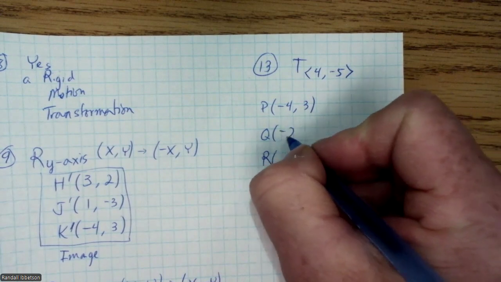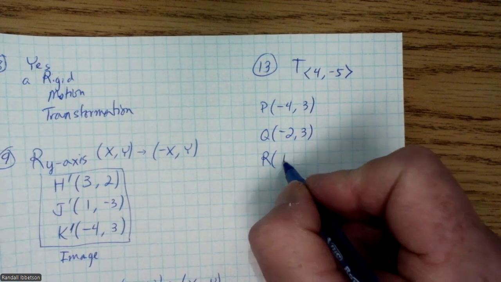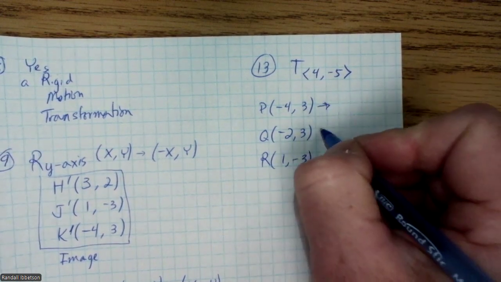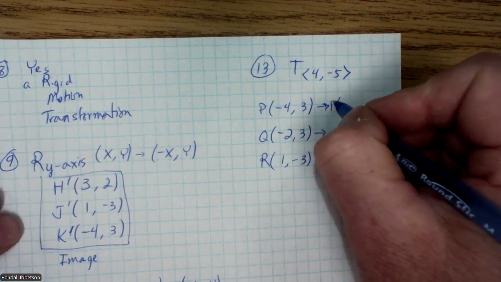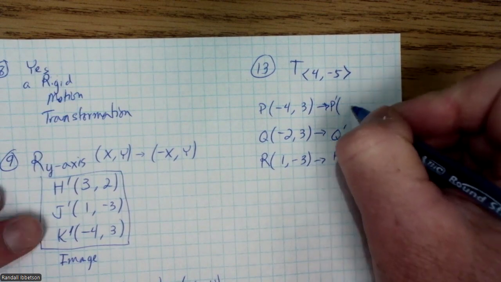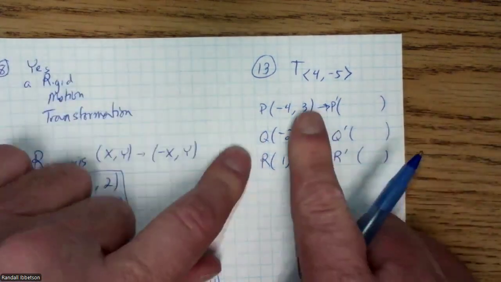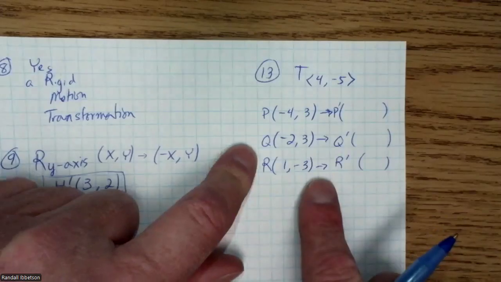Q was -2, 3. R is 1, -3. Those are going to change by the translation rule and become P prime, Q prime, R prime. Only question is, how do they change? Here's the answer. They change by adding 4 to these and subtracting 5 from these.